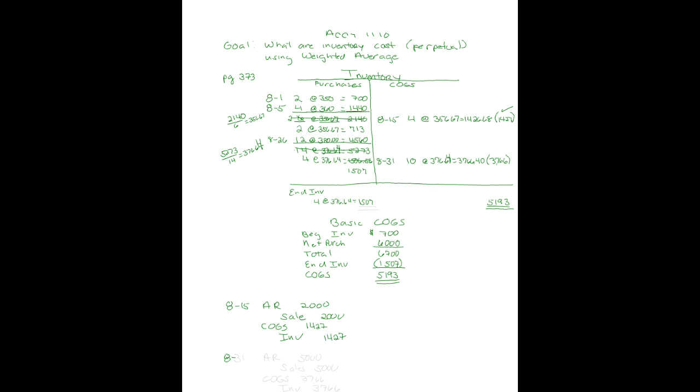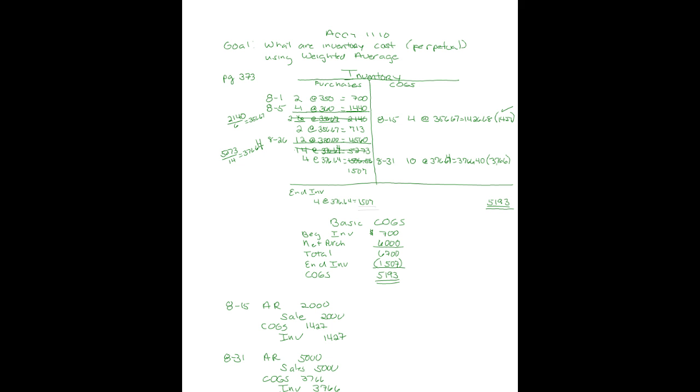And on 8/31, when we had a sale, accounts receivable was 500 units times $10 each, or $5,000. The credit to sales of $5,000. Cost of goods sold using weighted average $3,766. Take that out of inventory at $3,766, and your accounting records land perfectly.